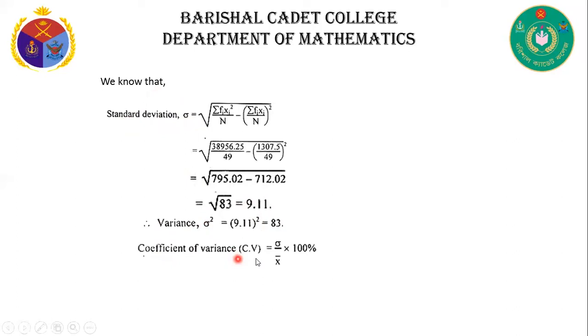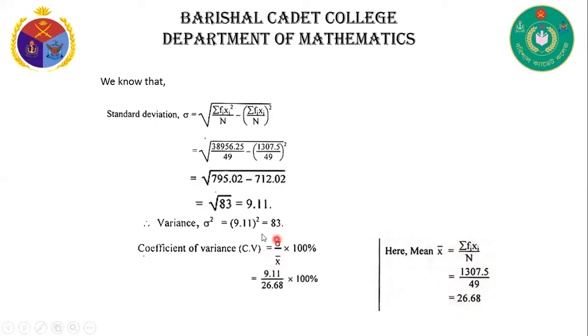Now coefficient of variance, that means sigma divided by x bar into 100%. We know x bar means arithmetic mean, which is equal to summation of fi xi divided by N. Putting the values, summation of fi xi is equal to 1307.5 and N is equal to 49, so x bar is equal to 26.68.